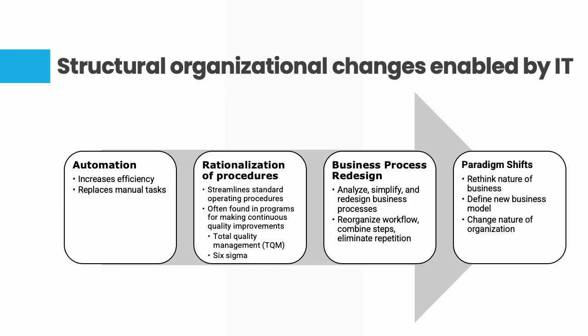Okay, so let's start with automation. Automation is just using technology to do repetitive manual tasks for us, like using a calculator instead of counting on your fingers. It makes things more efficient. And then we have rationalization.